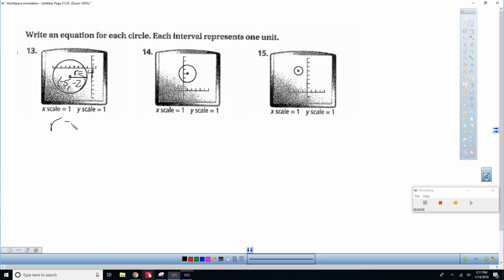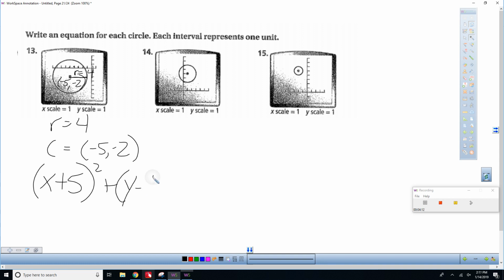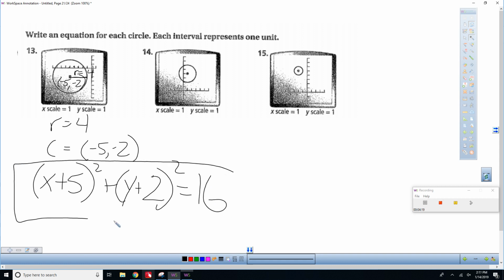So here, r equals 4. The center is negative 5, comma negative 2. So this is x minus a negative 5 squared plus y minus a negative 2 squared equals 16. Does that help? I hope it does. And I'm moving on. It's going to be a quick video.